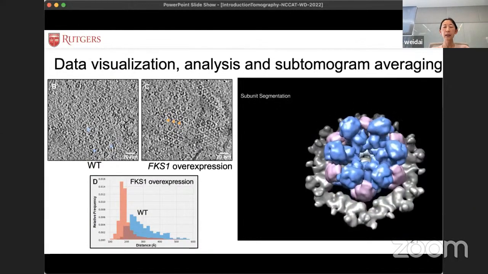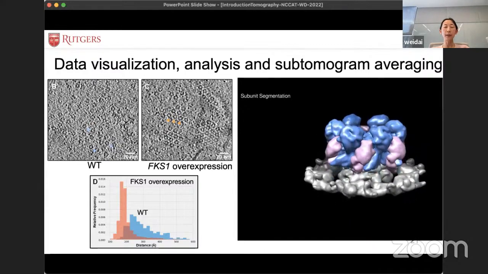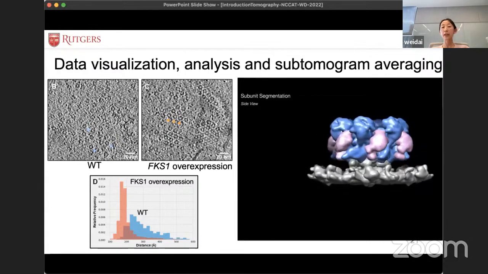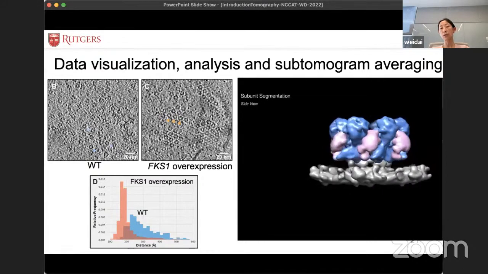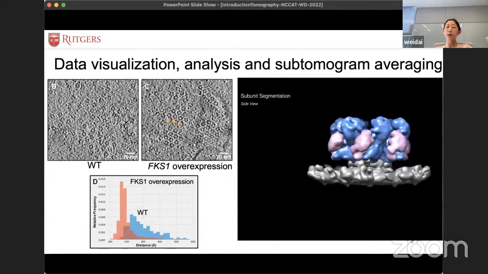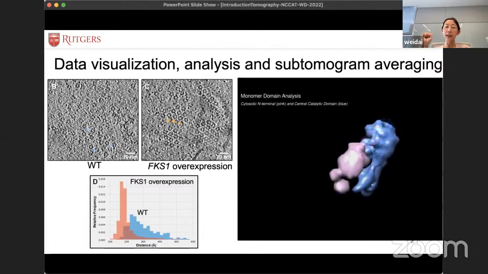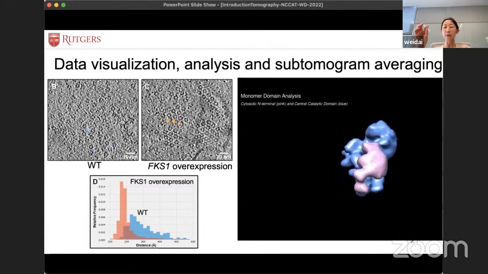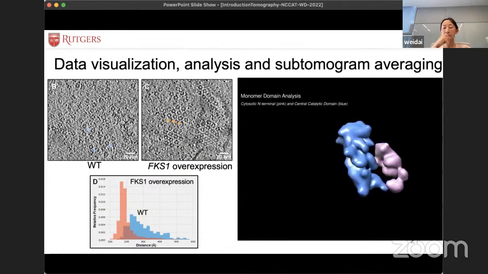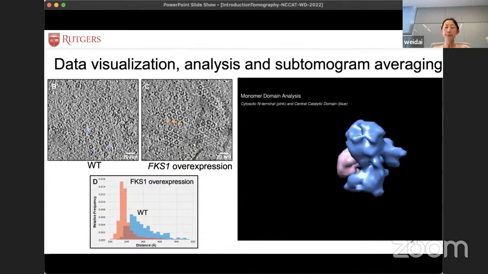Okay, and this resolution is probably about 14 or 15 angstrom. At this resolution, you will be able to annotate different components and to see how different domains of the protein complex interact with each other. Okay.